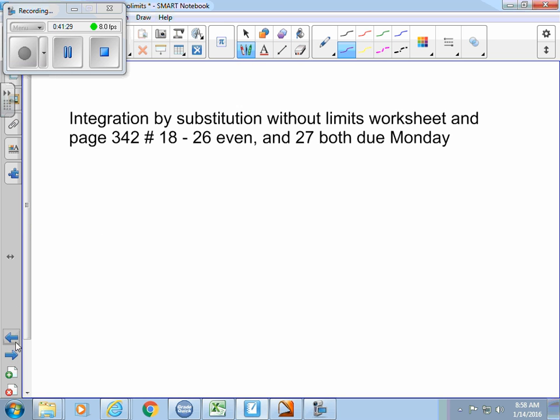By the way, here's your homework. It is that worksheet, page 342, 18 through 26 even, and 27. It says Monday. We don't have school Monday, so thus Tuesday. So all of that is due on Tuesday. Tomorrow we have 2 problems to finish and some grading to do, and then other than that, tomorrow will be a day to work and ask questions.